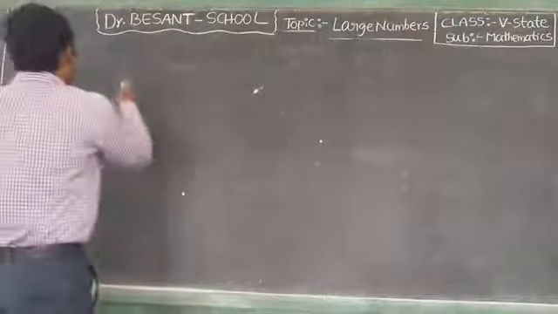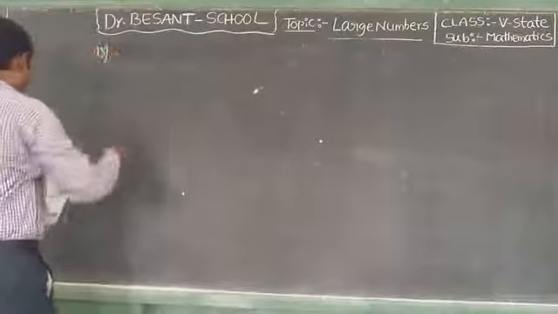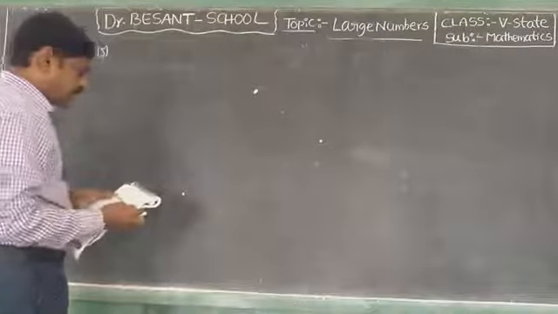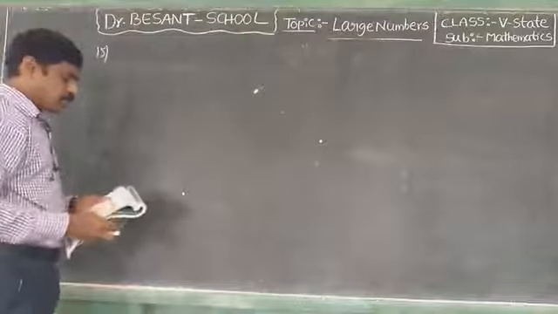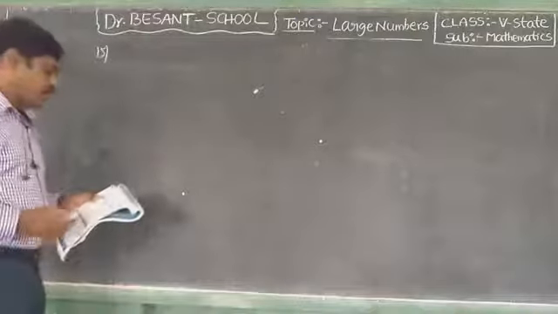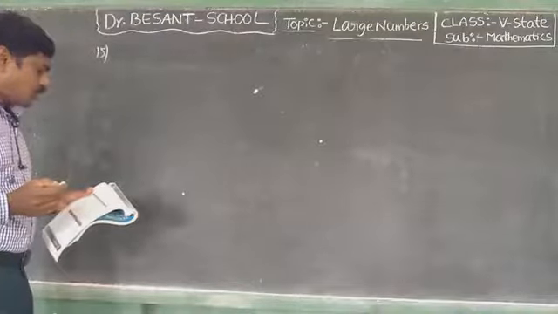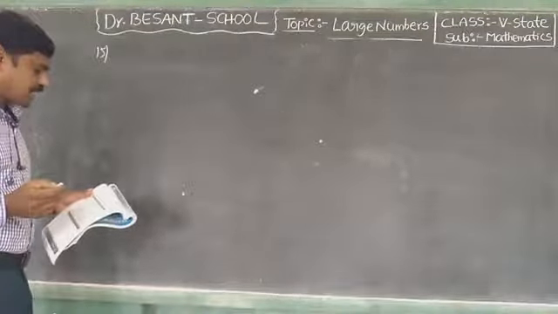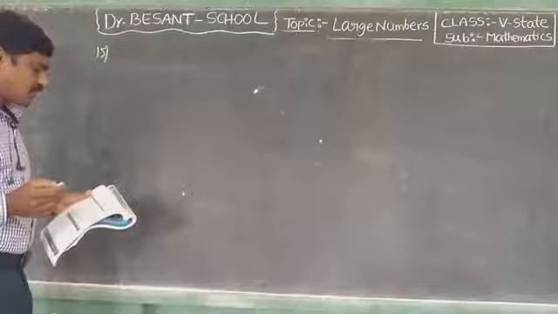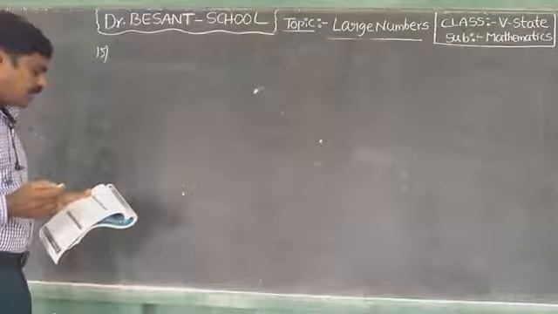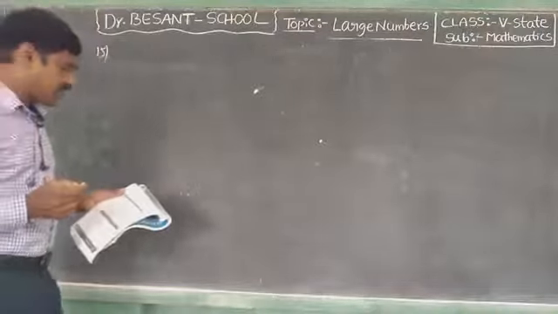Next, the 15th one. Write the following numbers in the place value chart according to the Indian system of numeration. Okay, 2 crore 13 lakh 69,000 and 1.